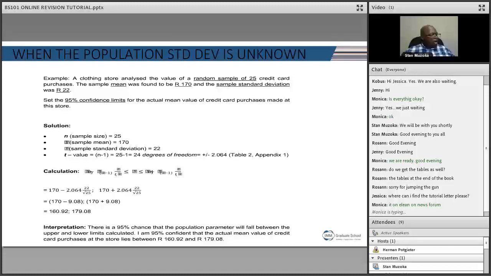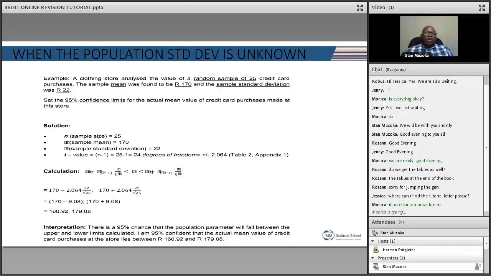And the formula is on page 188 of the textbook. Good. And therefore we identify them again as n being the sample size, 25.